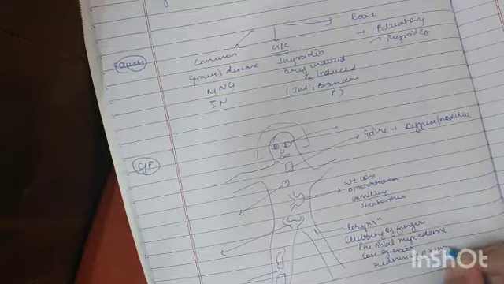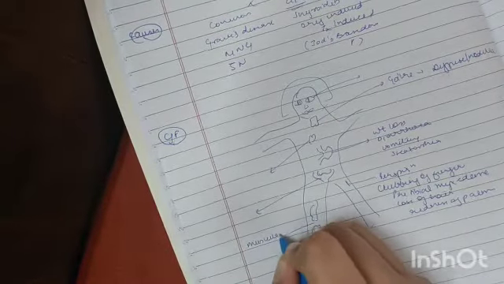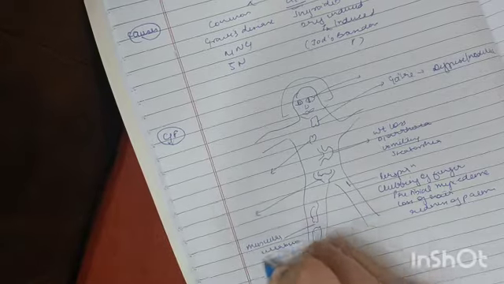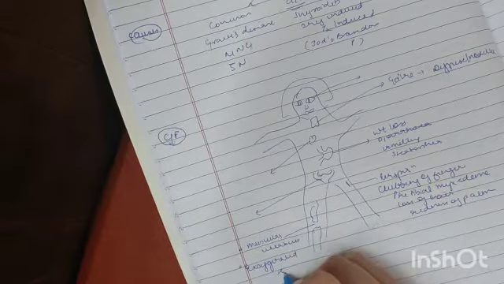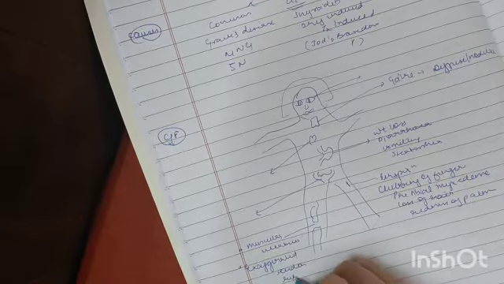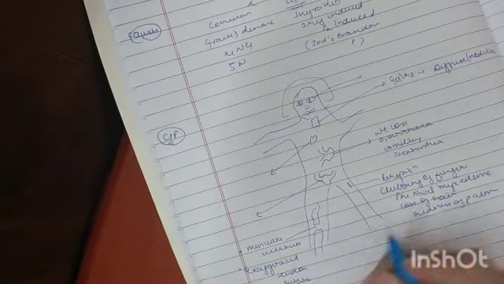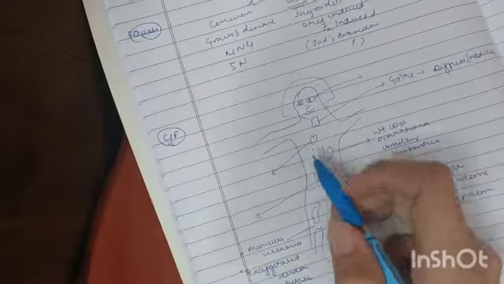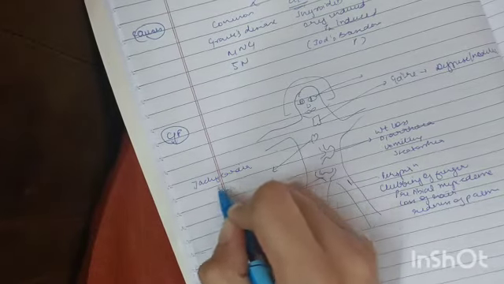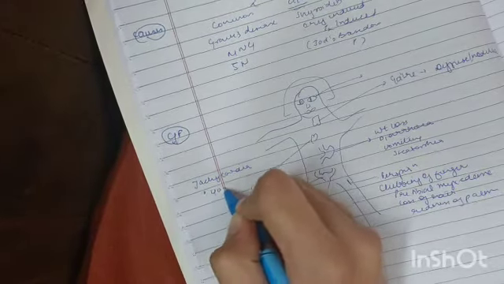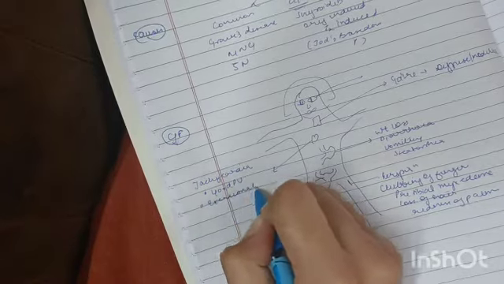Then in neuromuscular, what we will see is muscular weakness, exaggerated tendon reflex, restlessness. All right, now coming on to the CVS part. You will see tachycardia, a bounding pulse volume, and exertional dyspnea.